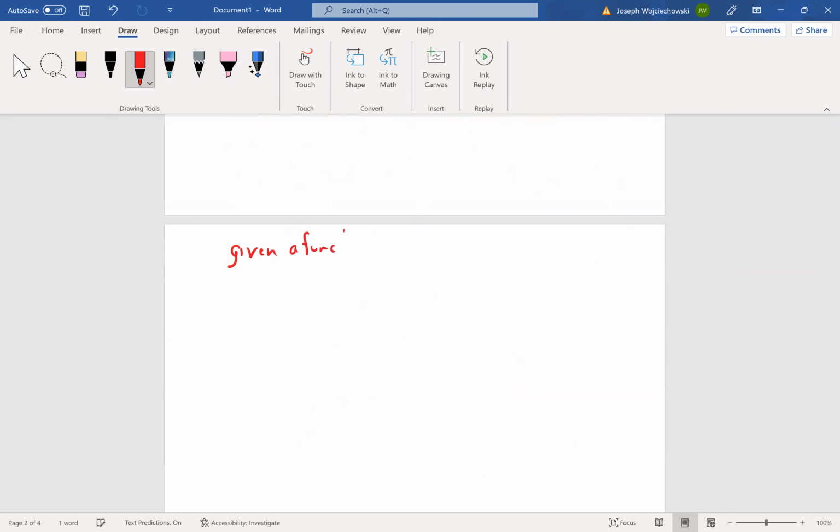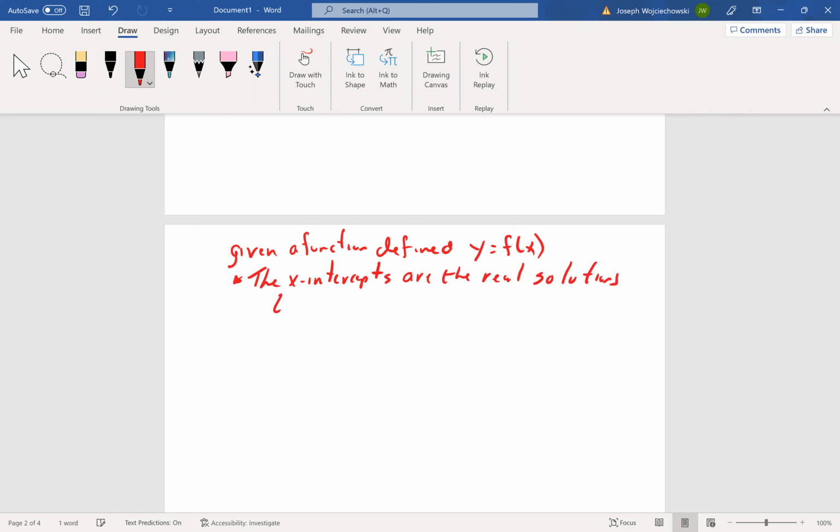Given a function y equals f of x, the x-intercept or intercepts are the real solutions to the equation f of x equals 0.